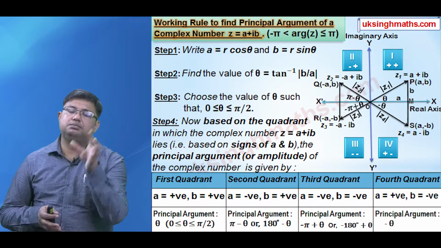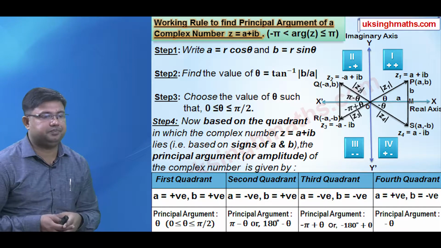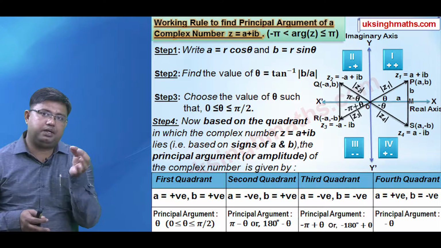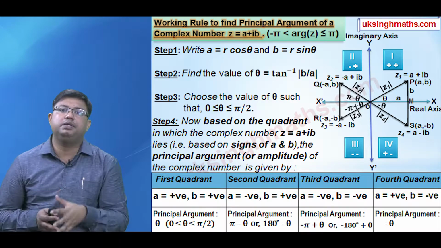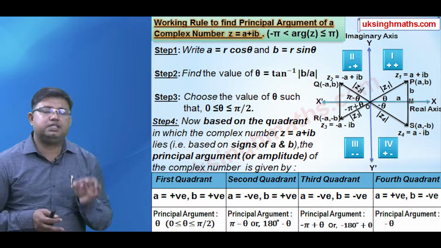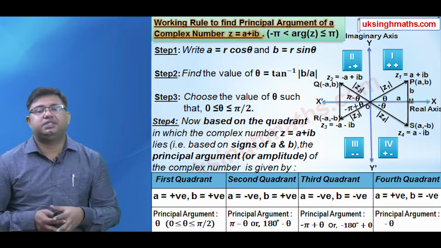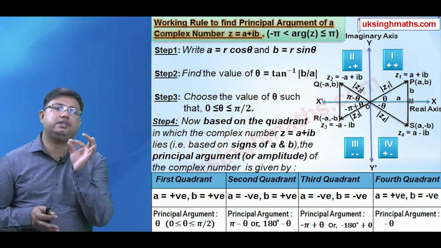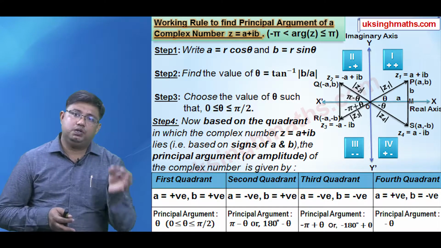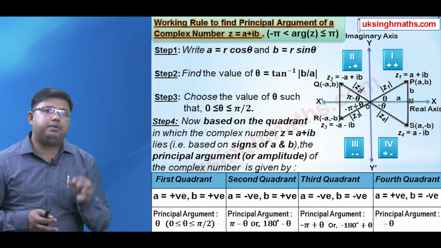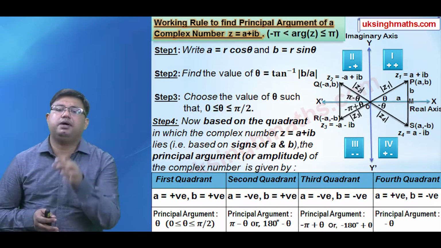Suppose your complex number lies in the third quadrant, means real part is negative and imaginary part is also negative, means both a and b are negative. So in this case the principal argument is given by minus pi plus theta or minus 180 degree plus theta. And suppose your complex number lies in the fourth quadrant, that is the real part is positive and imaginary part is negative.